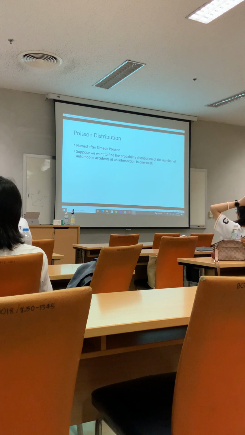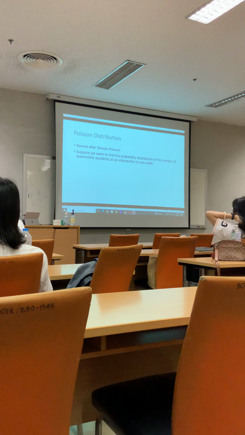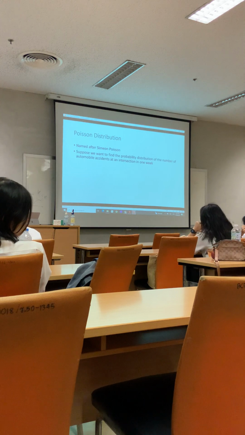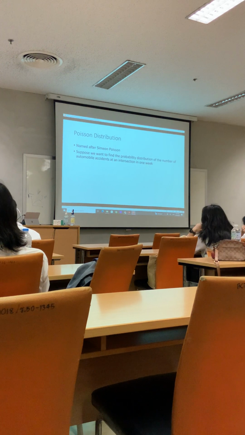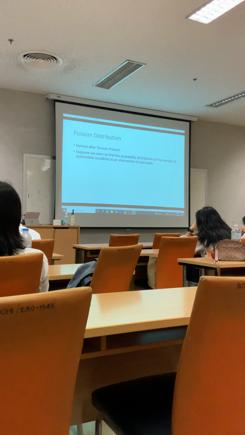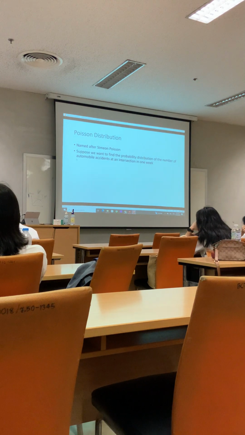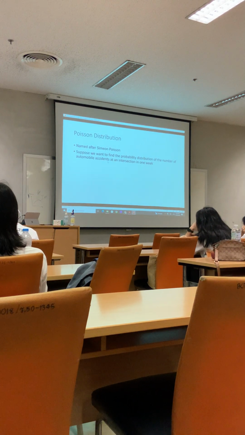But let's say we want to find the probability distribution of the number of automobile accidents at an intersection in 1 week. So instead of trials, we have time here instead, 1 week. And obviously, the number of automobile accidents cannot be 1.5.